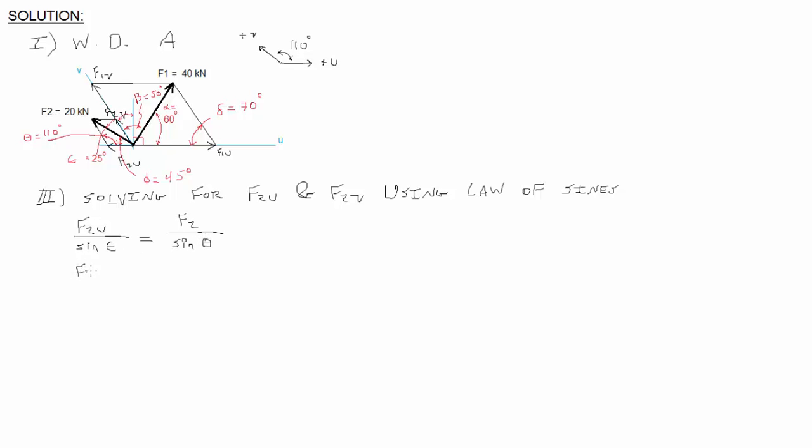So rearranging and solving for my unknown gives me F2u equals the sine of epsilon times F2 divided by the sine of theta. Now plug my numbers in. The sine of 25 degrees times F2, which is 20 kilonewtons, divided by the sine of 110 degrees.